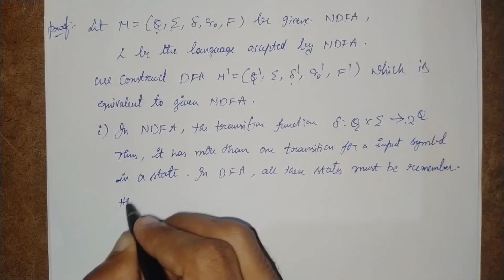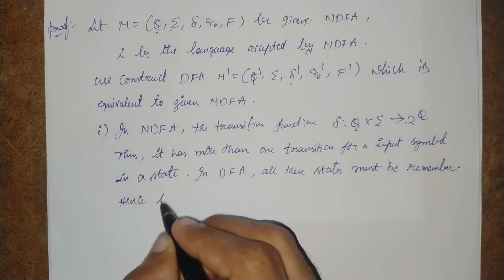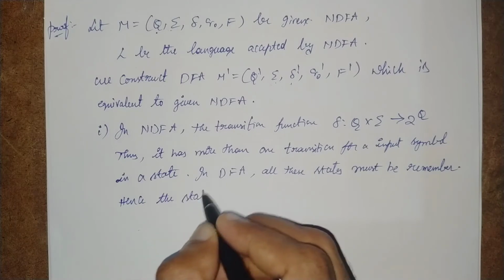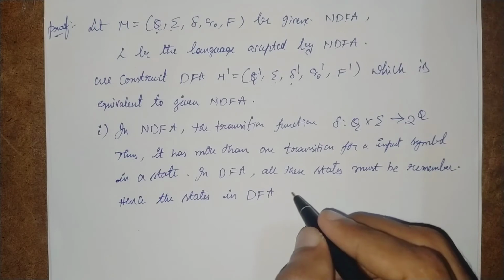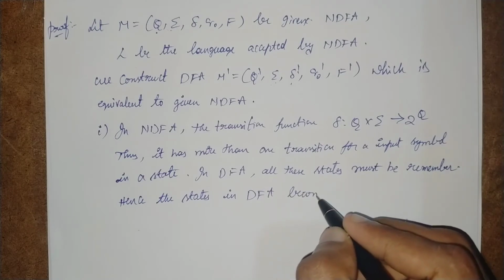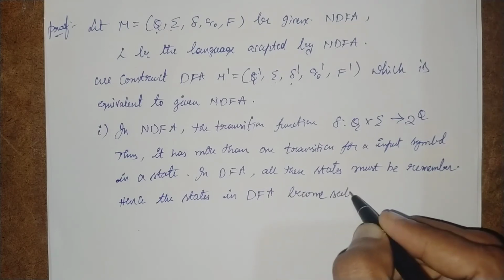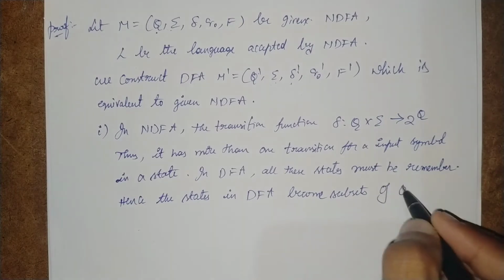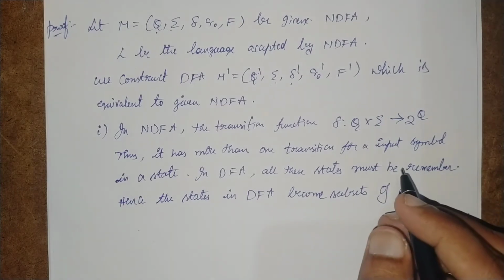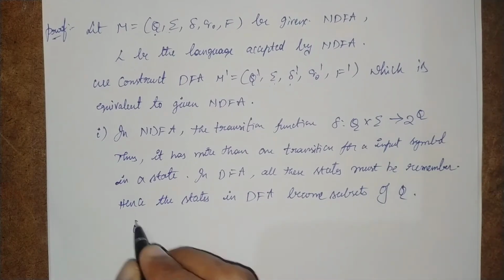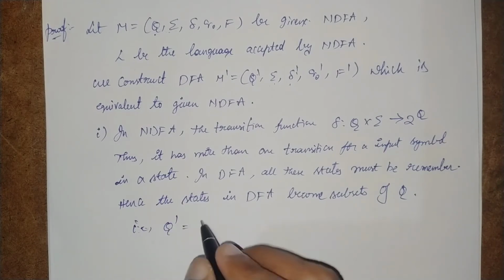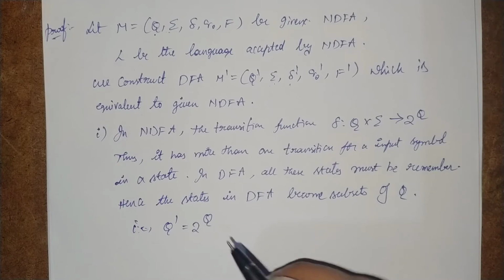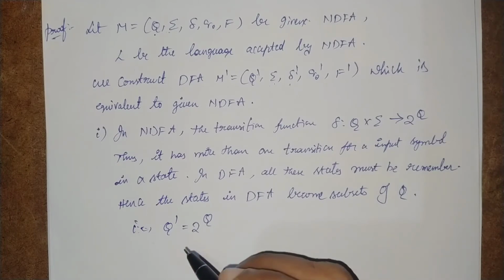Hence, the states in DFA become subsets of Q. That is, Q dash is 2 power Q.